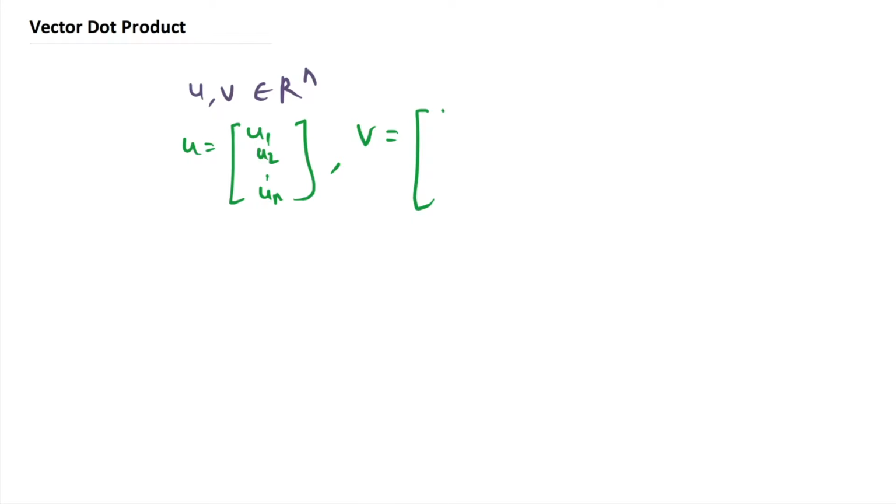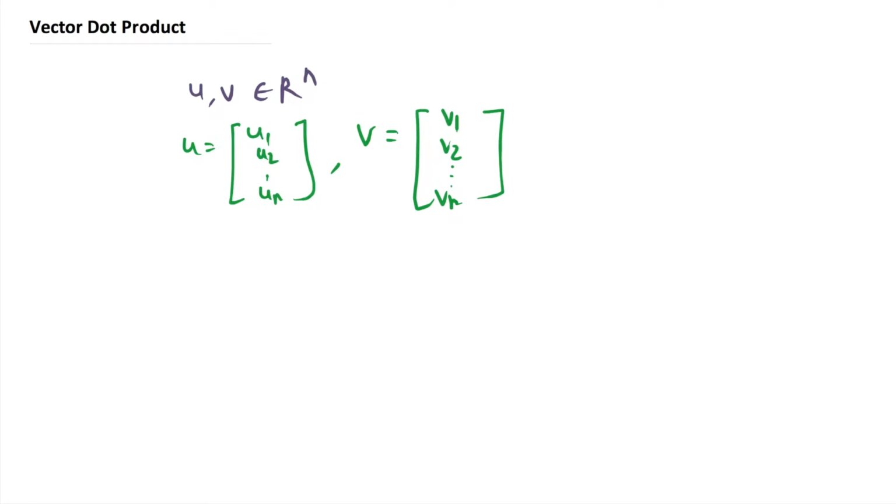So now let me give you a more formal definition of the dot product. Let's say u and v are vectors in Rn, and let's say u is u1, u2, ..., un, and v is v1, v2, ..., vn.